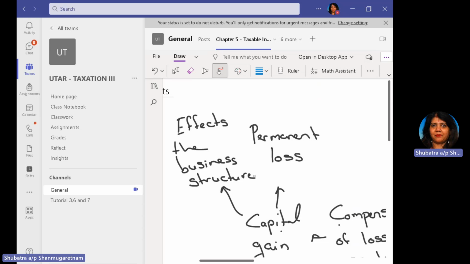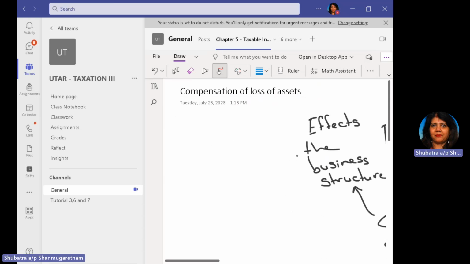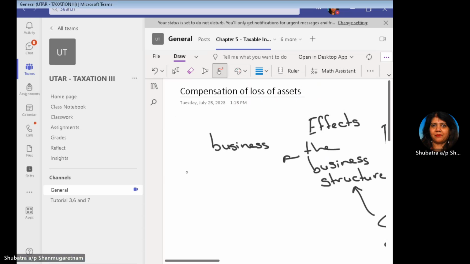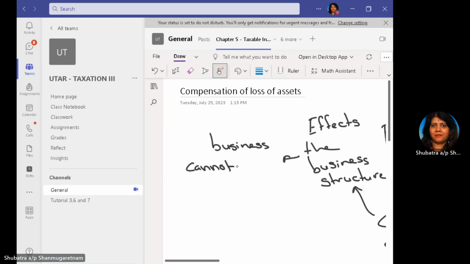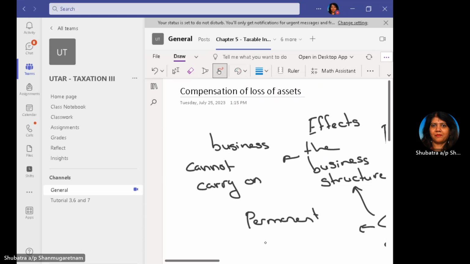So that becomes a stop on my whole business structure. My business cannot carry on. If that happens, it becomes a permanent effect, a permanent hole.